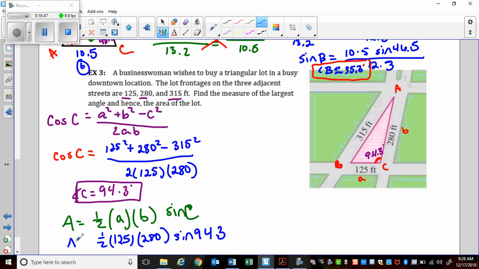This is my area of a triangle. When we plug this into our calculator, just normally, just like it looks, we get 17451.7 feet squared. Try it out. Make sure I'm right.